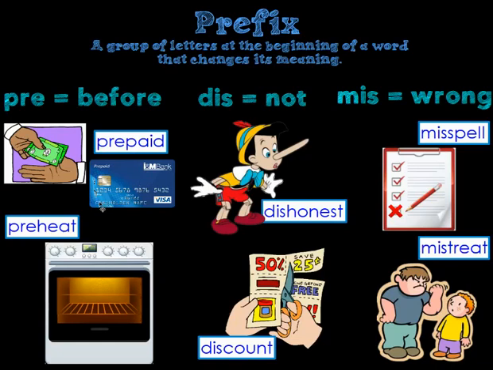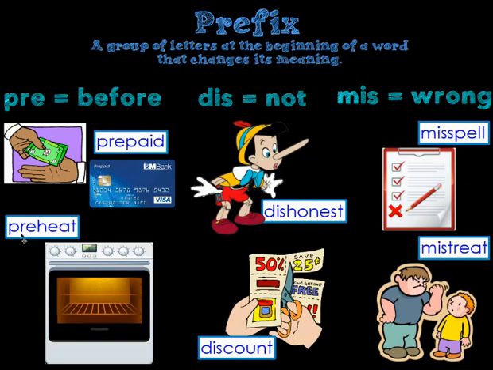I have an example of a prepaid gift card here. Sometimes people will buy a gift card. They'll pay the business before they get anything. Another example is this word preheat.